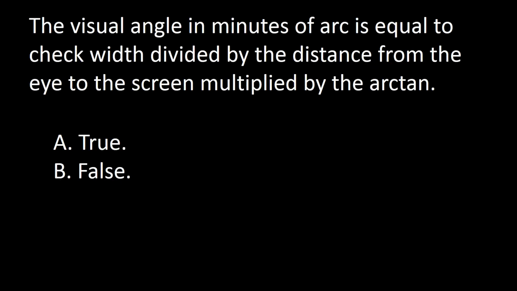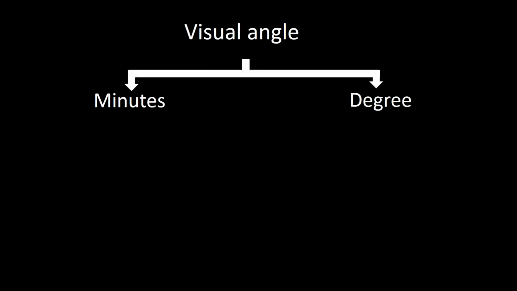Next question. The visual angle in minutes of arc is equal to check width divided by the distance from the eye to the screen multiplied by the arcing. A, true, B, false. The visual angle is the angle a viewed object subtends at the retina.